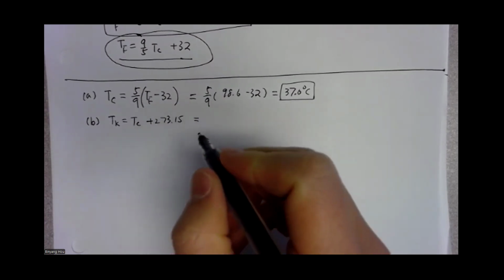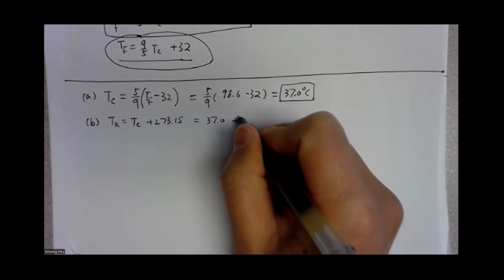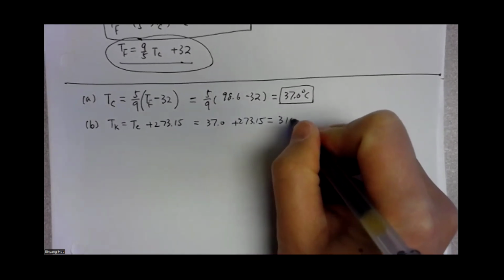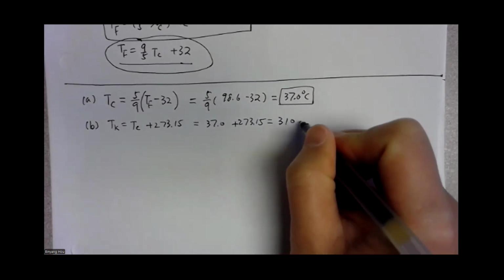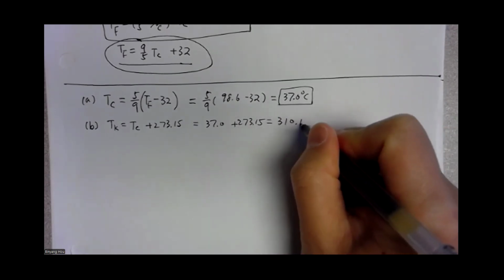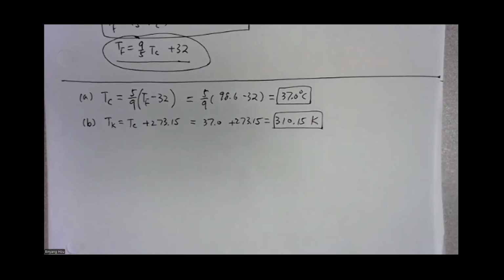So 37 degrees Celsius plus 273.15 is 310.15. But you can ignore the 0.15 Kelvin if you want, that should be just fine. It's important you know how to convert these temperatures from one to another.